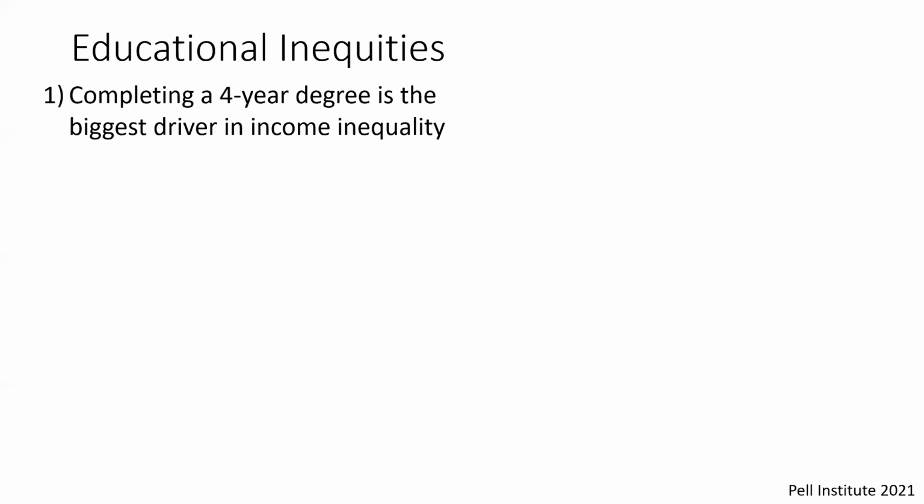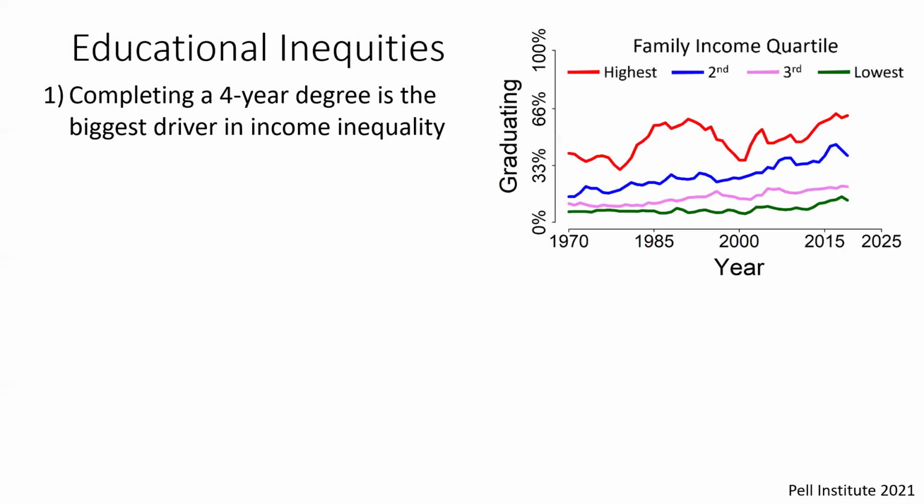There are at least four big reasons why we need to disrupt educational inequities, particularly in higher education, in my opinion. One is that completing a four-year degree is the biggest driver of income inequality in this country. These data are coming from the Pell Institute.